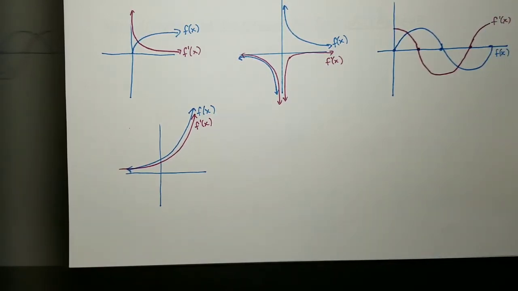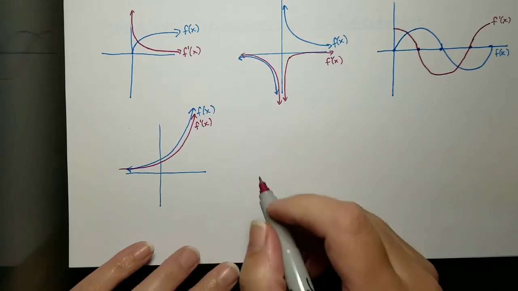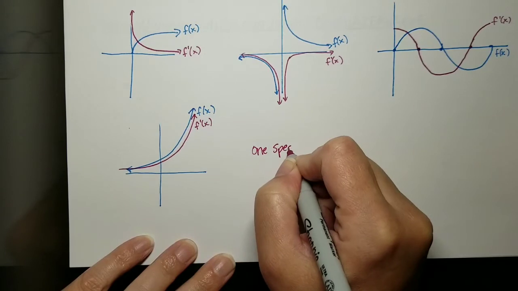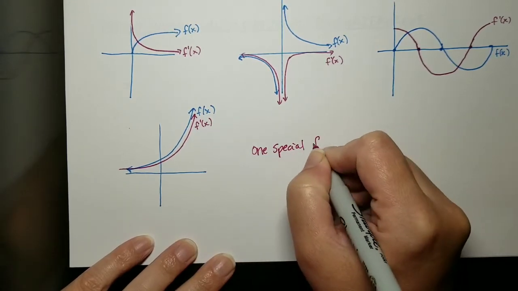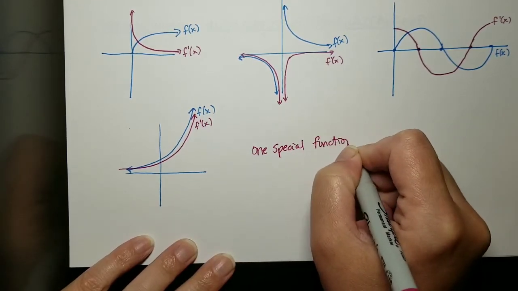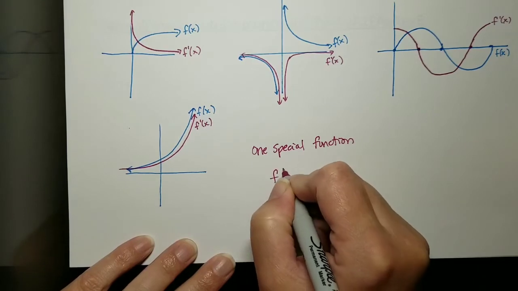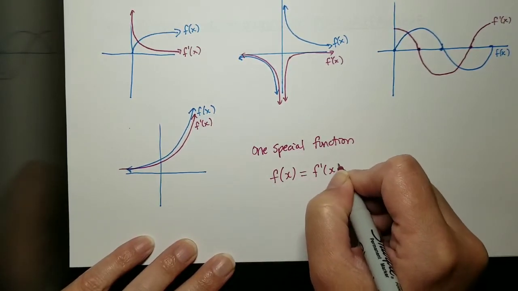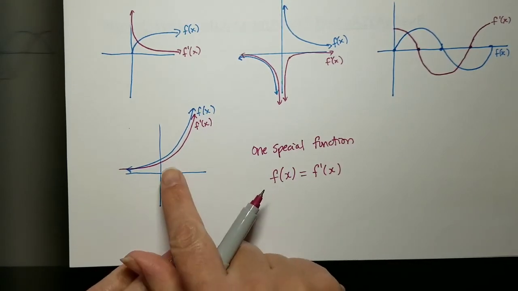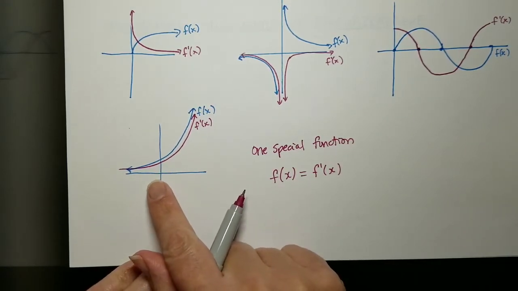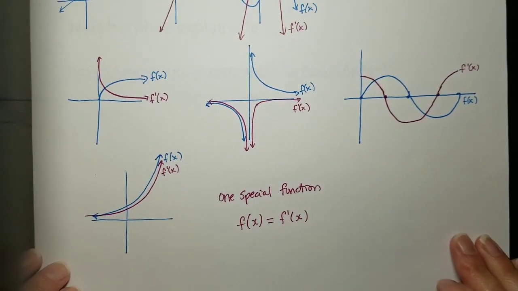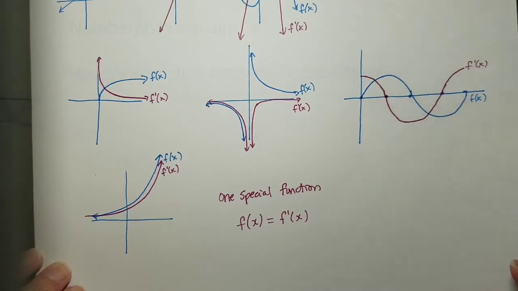So there is actually one special function where f at x actually equals f prime at x. And it's a special example of an exponential function. Okay? And there's a lot of other really important things about that function as well.